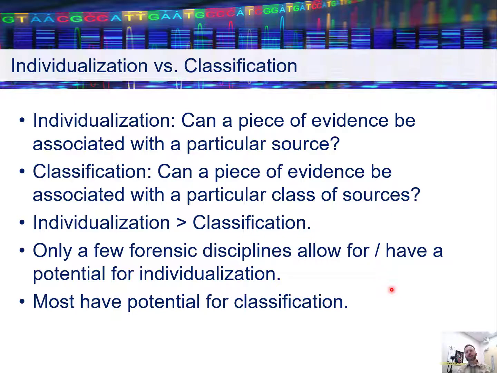So they might have the same layers of paint, the same chemical characteristics of each layer, but usually we would be able to associate that chip with a car model only rather than a particular vehicle. And that's because these are class characteristics that have a relatively high probability of originating from another car of the same model. As a result, the evidential weight of individual characteristics is obviously higher than of class characteristics.